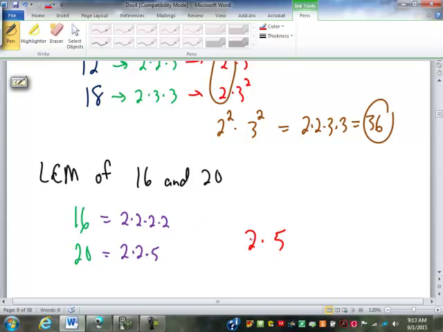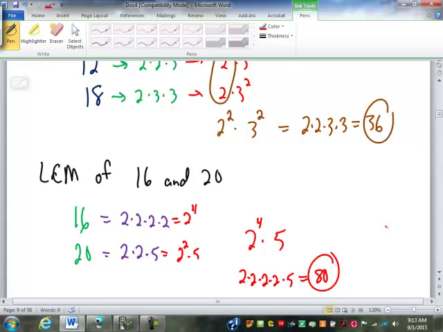What's the highest power on the 2? This would be 2 to the 4th. This is going to be 2 squared times 5. Highest power on the 5 is just the 5, just 1, right? So 2 to the 4th, 2 times 2 times 2 times 2 times 5 is 80. So 80 is the least common multiple.